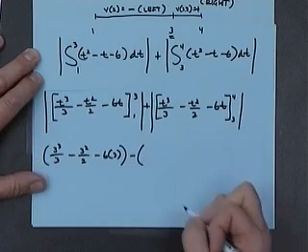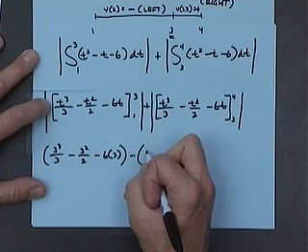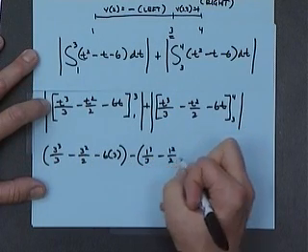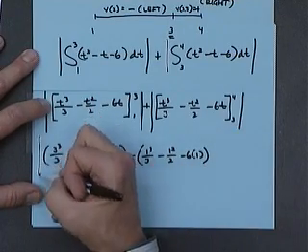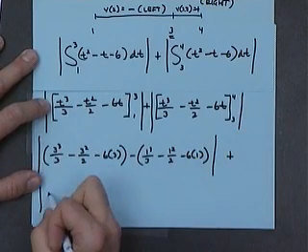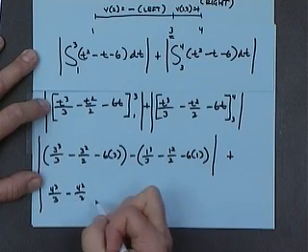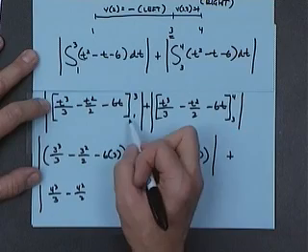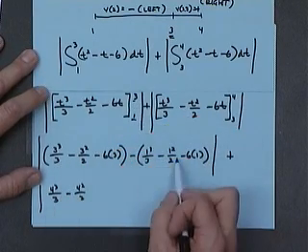Put in 1. Absolute value of that. Put in 4. Why is this subtracted? Because we're evaluating it from 1 to 3. So there's 3 and there's 1.